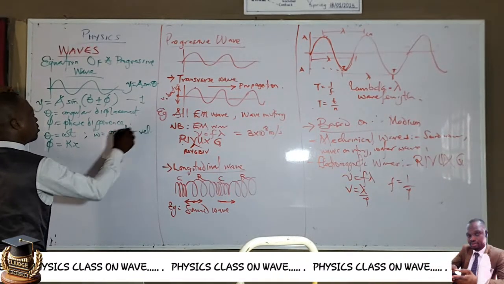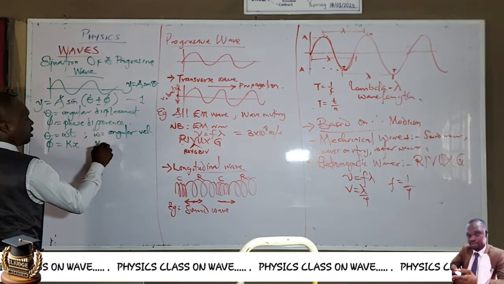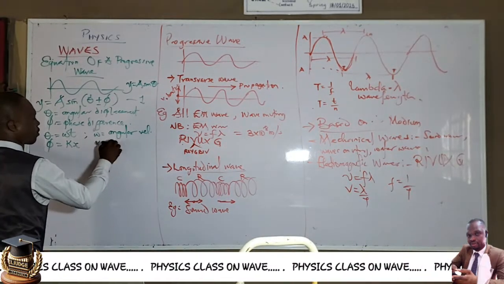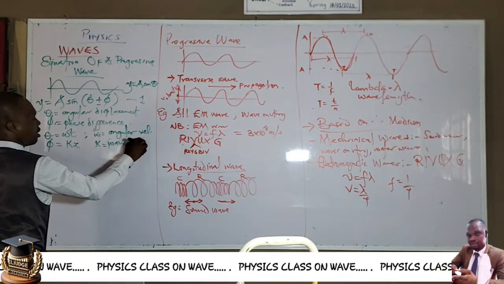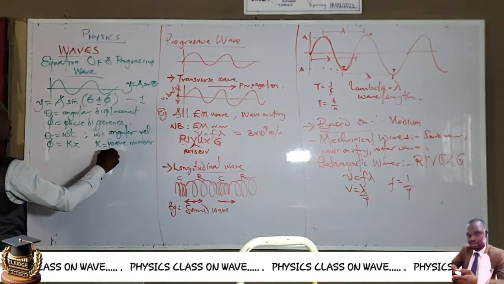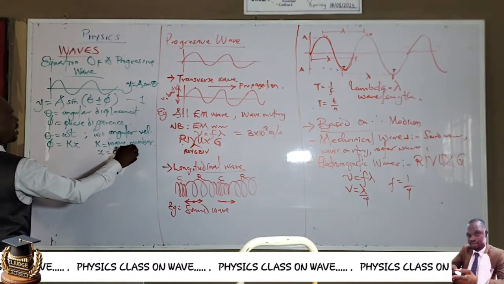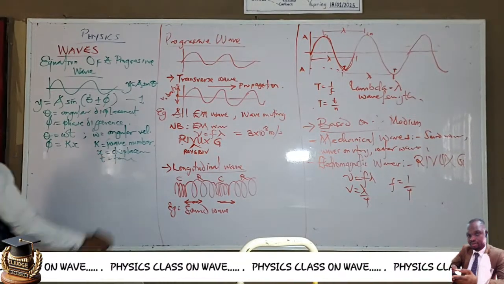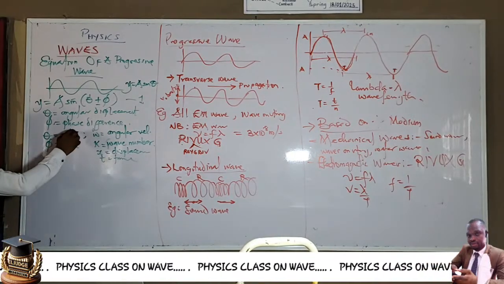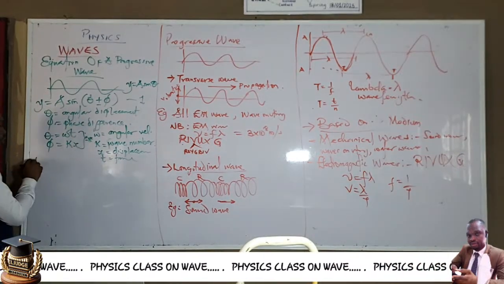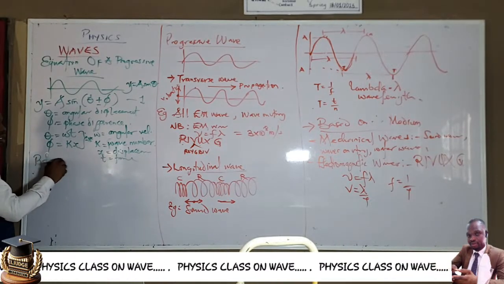And k is the wave number. x is the linear displacement, and t is the time taken. So when we put these two equations into this, let's call it equation star, put star into 1.